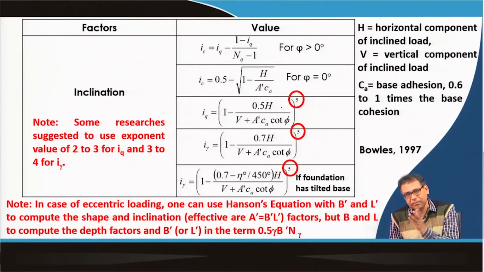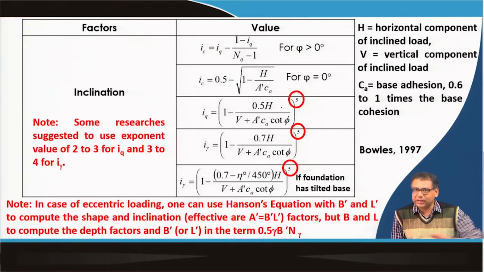It may be 0, may not be 0, but HL will always be there. Then only I have to go for these 2 sets. Otherwise, only one set is sufficient. If HL is 0, then one set is sufficient. If HL is not equal to 0, then you have to go for 2 sets, that is IQB or IQL. In that case, HB may be 0, may not be 0.